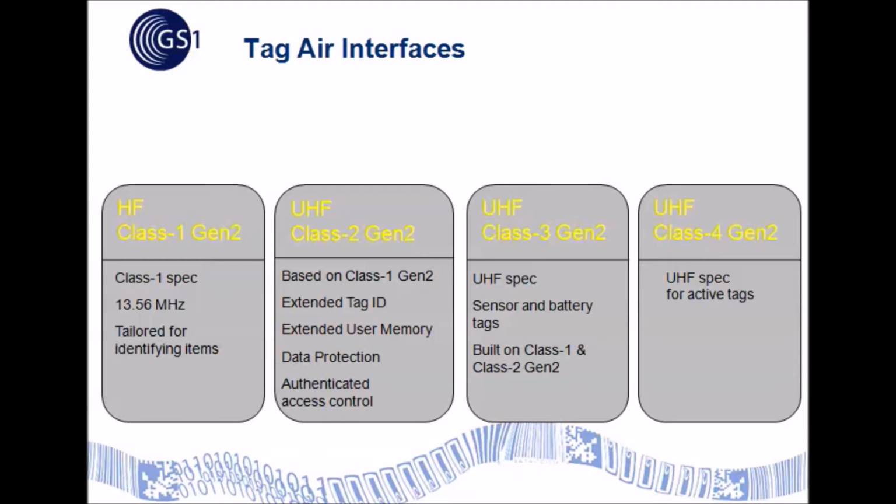For example, if you want to record or store more information in the RFID tag, especially if you want to protect the information recorded in the RFID tag, then you may need to use the Class 2 Gen 2 UHF RFID tag because it provides more user memory to record the information. Especially, it also provides data protection and access control.